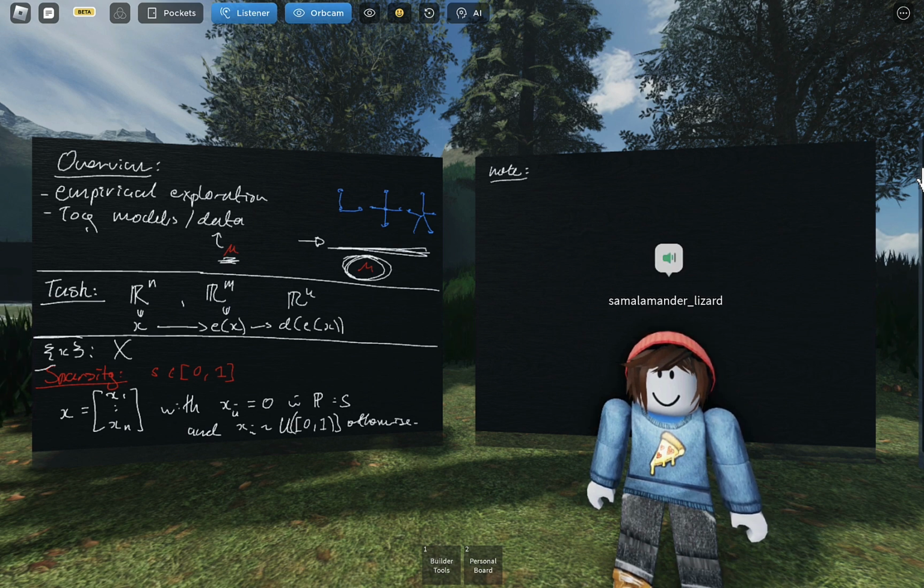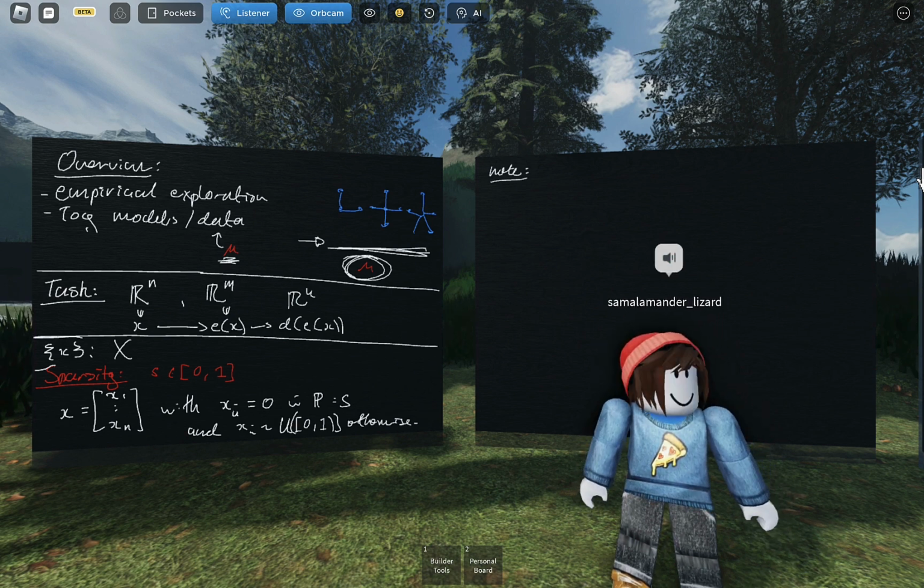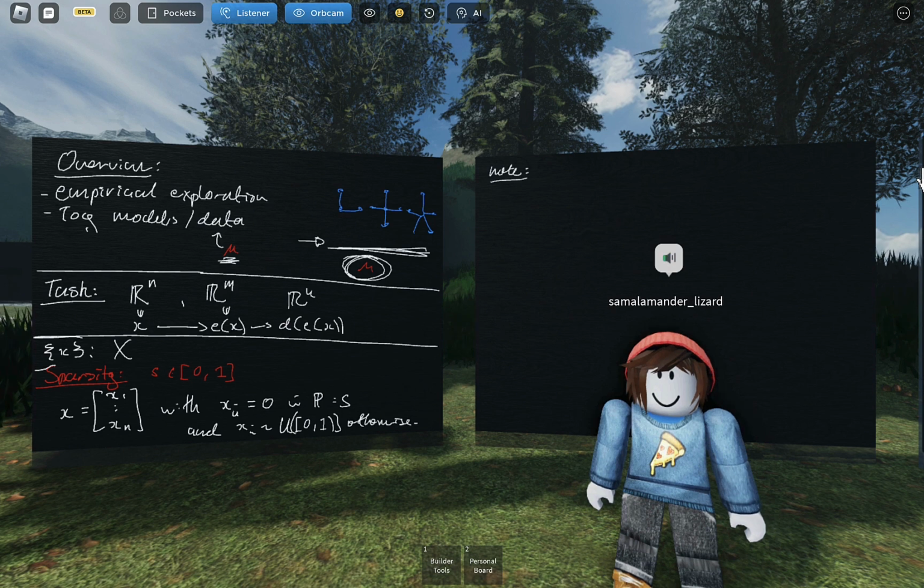So if our data set is vectors where each entry counts the number of some particular word in that data point's corresponding sentence, most of those vectors will have mostly 0 entries. I think that kind of makes sense.